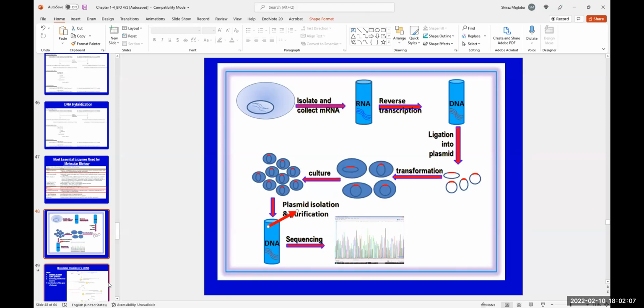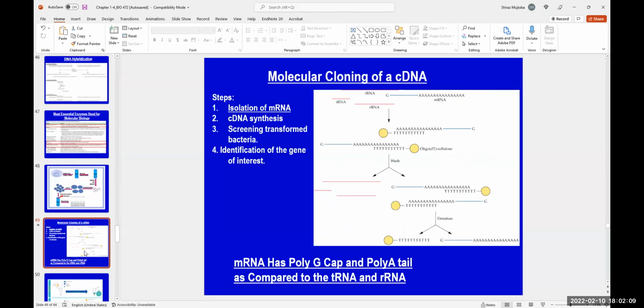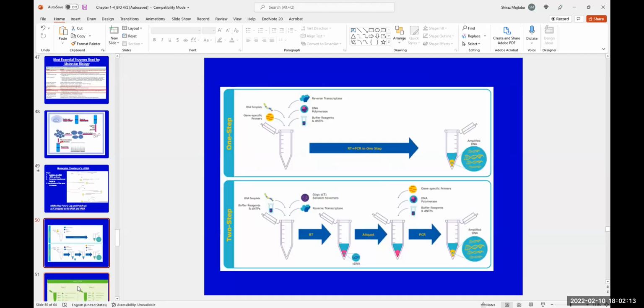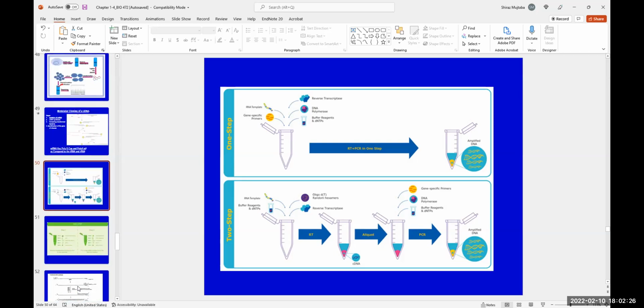It can also be used for cloning, right? And we will talk about PCR and RT-PCR later.